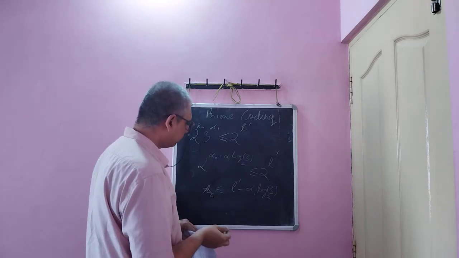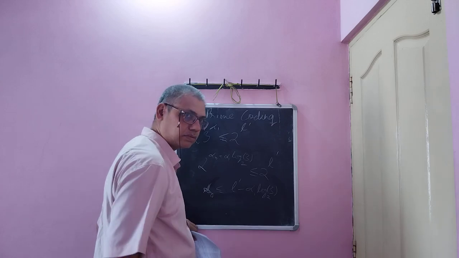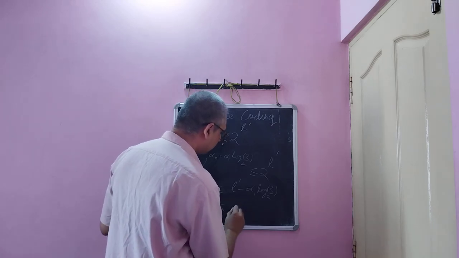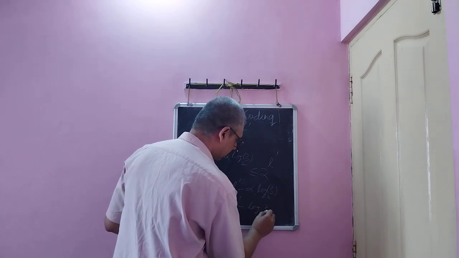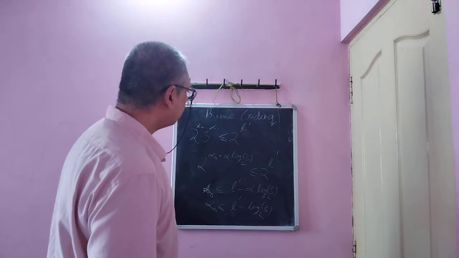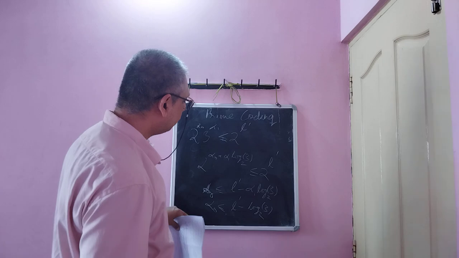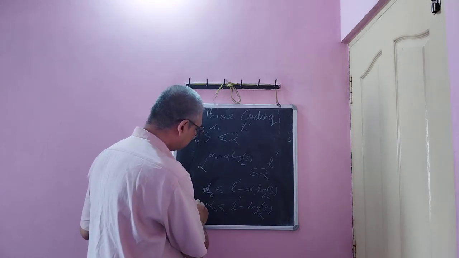Maximum value for alpha naught will occur when alpha 1 is equal to 1. So that should give you alpha naught less than or equal to l dash minus log of 3 to the base 2.